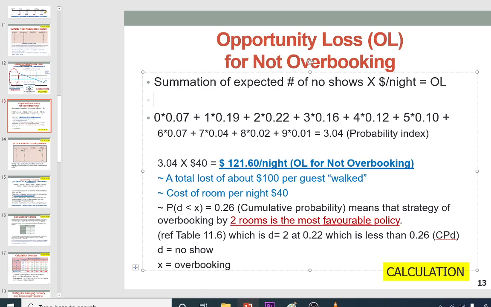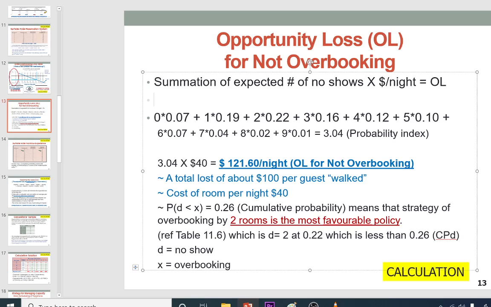So let's calculate the probability of opportunity loss for the whole situation: for 0 no-show, you multiply by the probability 0.07, and for 1 no-show, you multiply by the probability of 19%. For 2 no-show, multiply by the probability of 22%, 3 no-show by the probability of 16%, and so on up to 9 no-show multiplied by 1%.